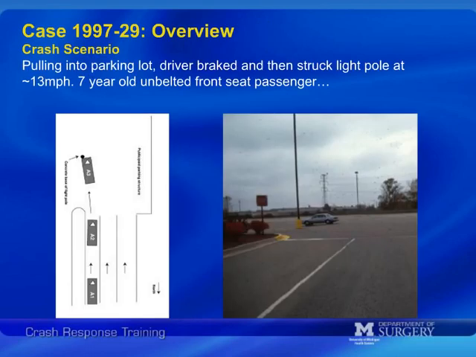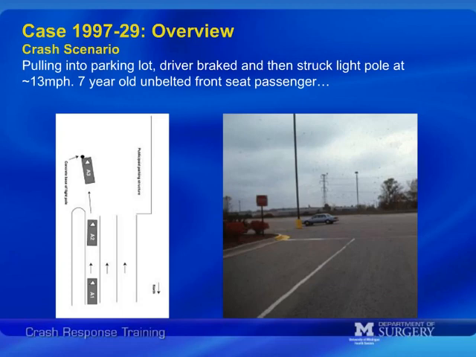The danger posed by airbags to children can be seen also in the second crash scenario. In this second case, the vehicle was pulling into a parking lot. The driver braked, perhaps because there was another vehicle that got in the way, and they end up striking this light pole you can see here in the picture at 13 miles an hour, so a relatively minor crash.